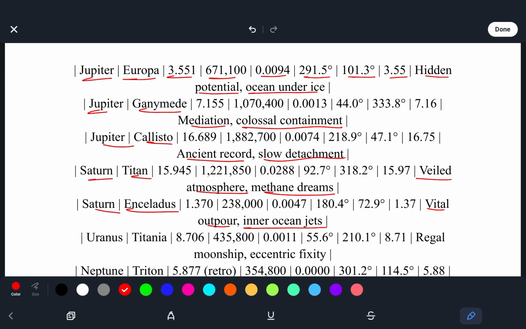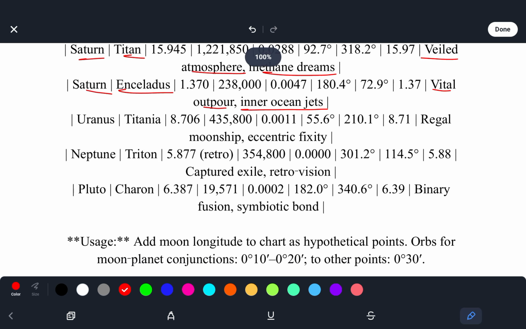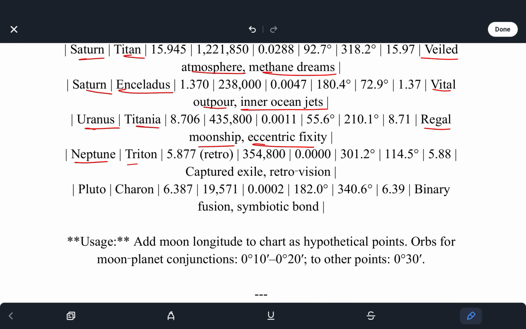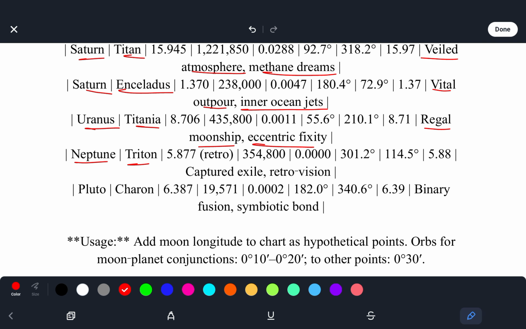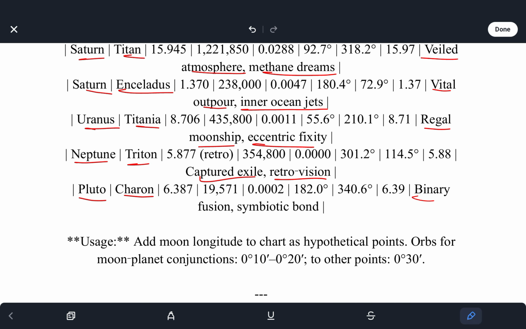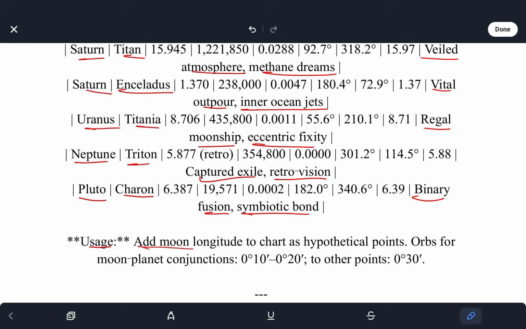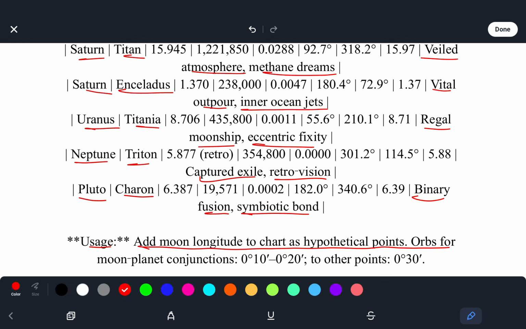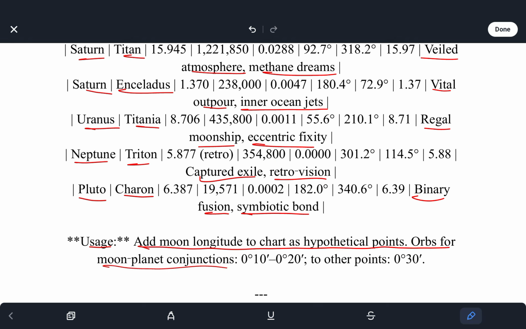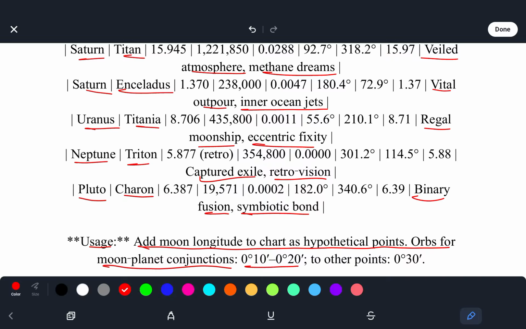All right. Uranus, Titania, regal, moonship, eccentric fixity. Neptune, Triton, captured exile, retrovision. Pluto, Charon, binary fusion, symbiotic bond. So usage here is to add moon longitude to chart as hypothetical points. Orbs for moon-planet conjunction 0 degrees 10 through 0 degrees 20, to other points 0 degrees 30.